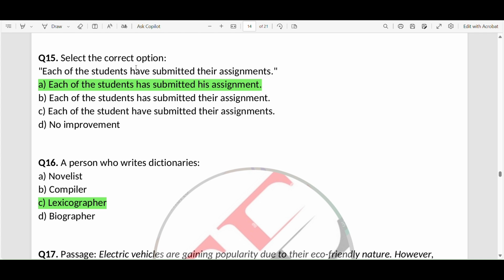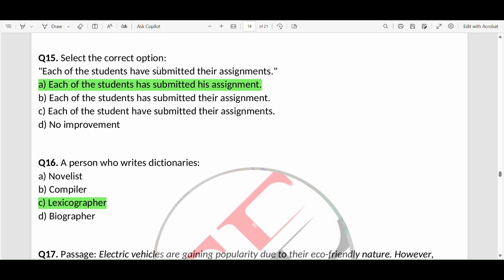The next question is select the correct option. Each of the students have submitted their assignments. See, here also you need to just look at it. Each of the students means singular. Each of the students means one person. In the students, one of the students, it will be coming like that. So it should not be have because it is singular.